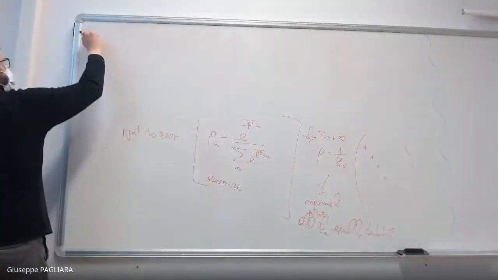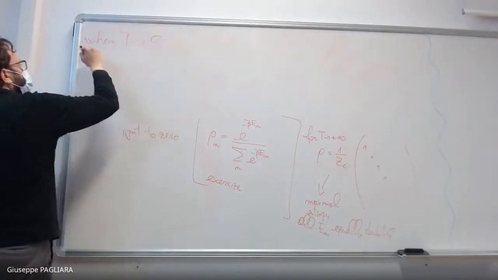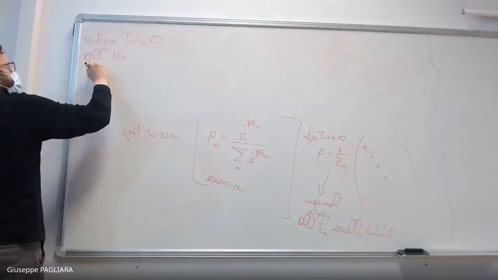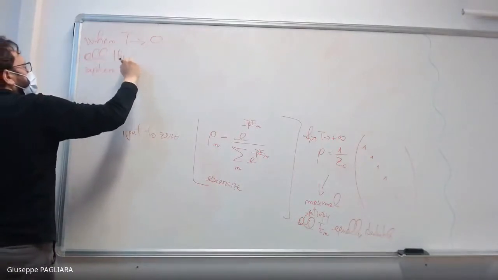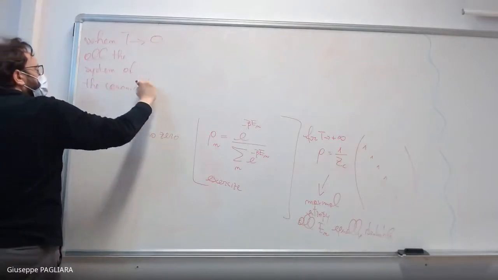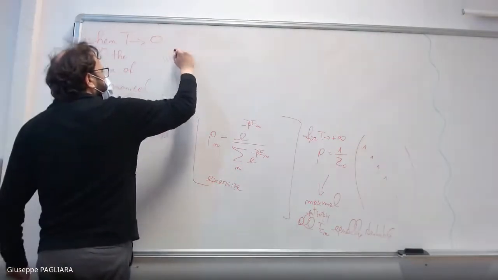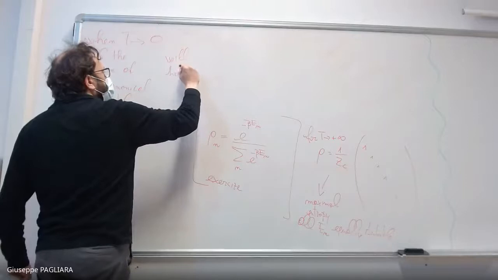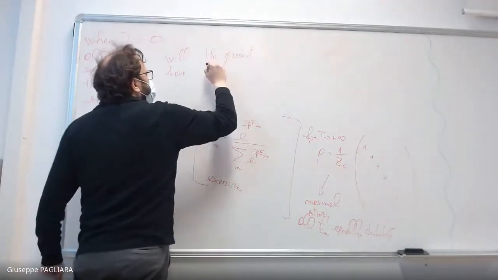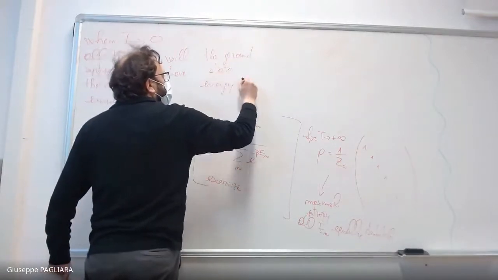So when T goes to 0, all the systems of the canonical ensemble will have the ground state energy, which we call E_0.